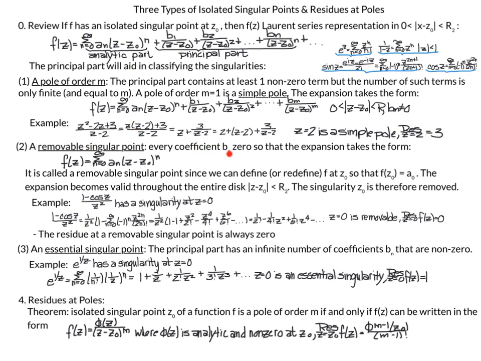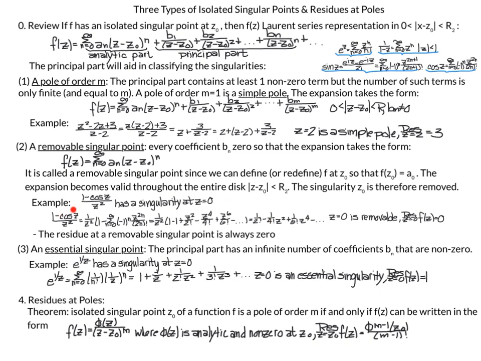So if every coefficient b_n is 0, so the principal part is equal to 0, our Laurent series takes this form, and we call our singular point removable because we can redefine f at our singular point to be equal to a0, and therefore we can make our function analytic throughout the disk, and the singularity is therefore removed.